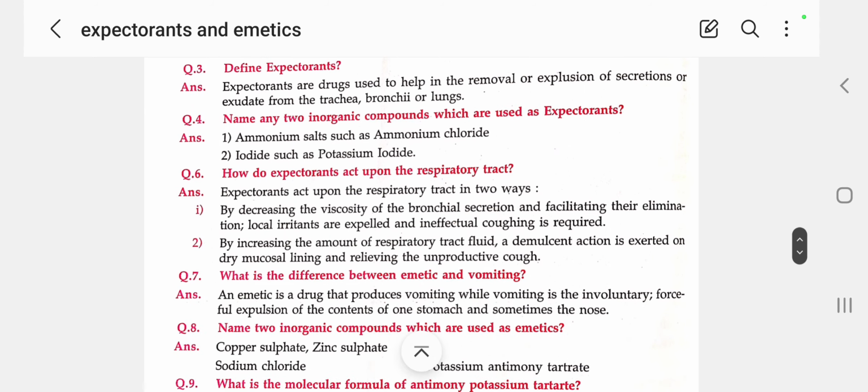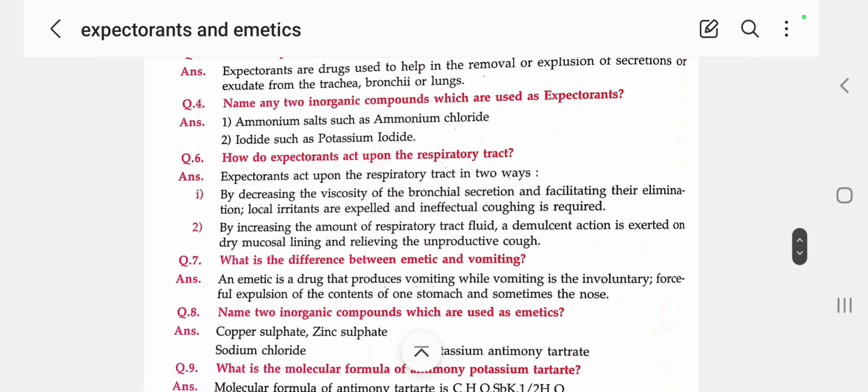Next, name any two inorganic compounds which are used as expectorants.